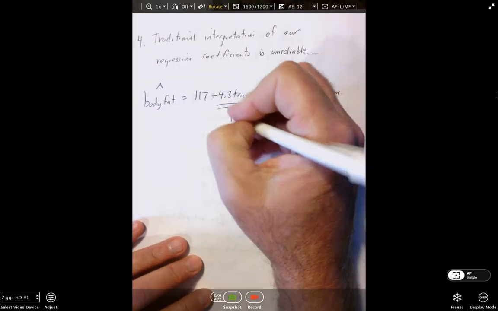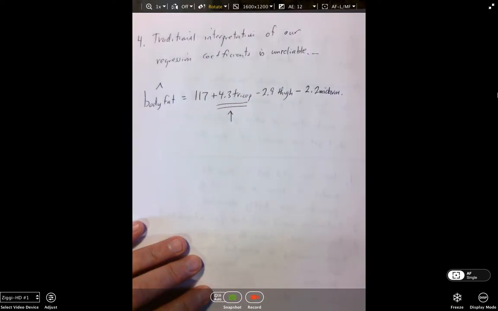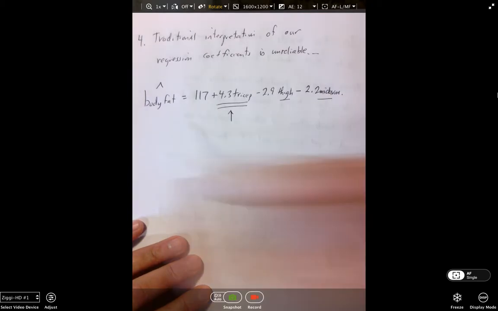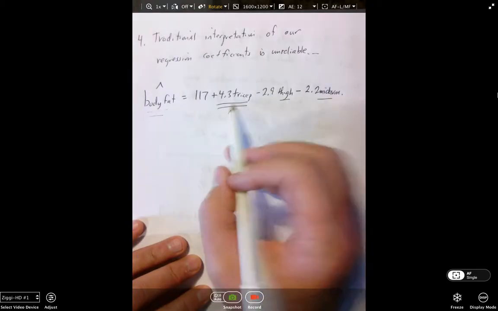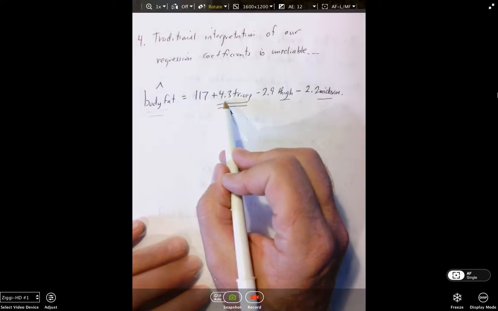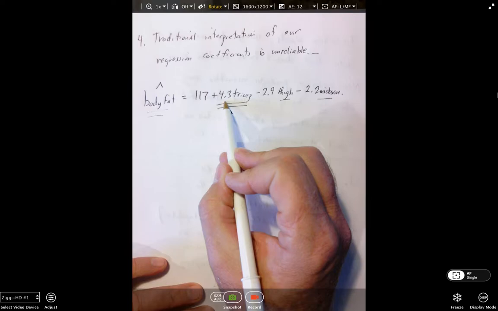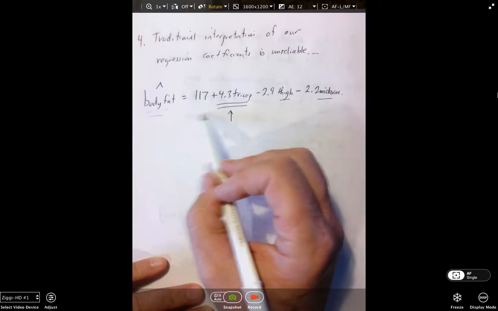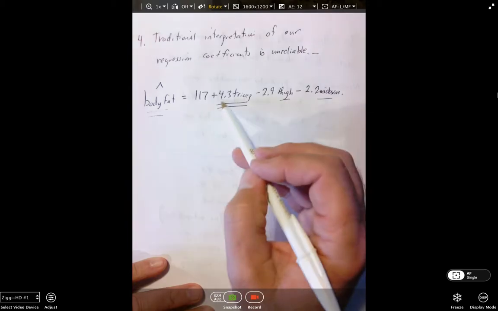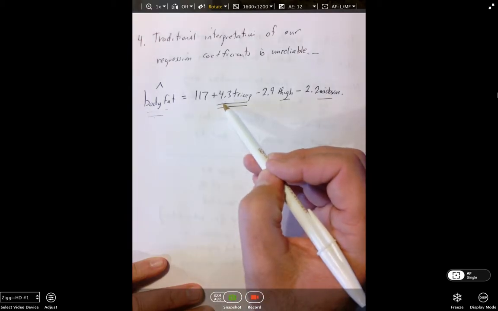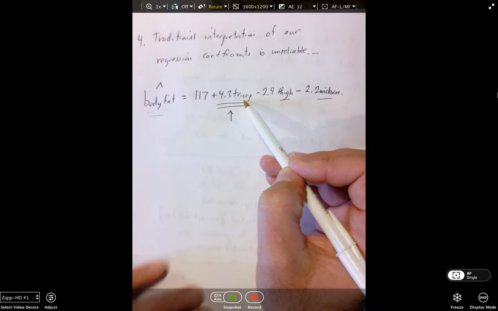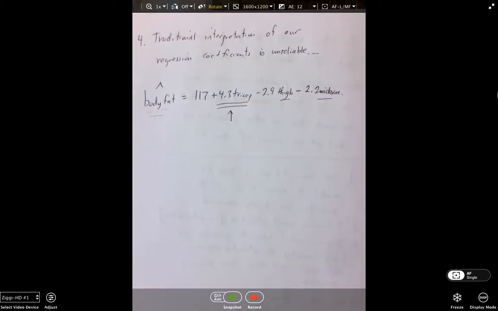If we're going to interpret the tricep coefficient, we would say controlling for the thigh and mid-arm measurement, the predicted body fat will increase 4.3 units with each 1 unit increase in tricep. So, guys, when we go violating or creating multicollinearity, this is an issue.